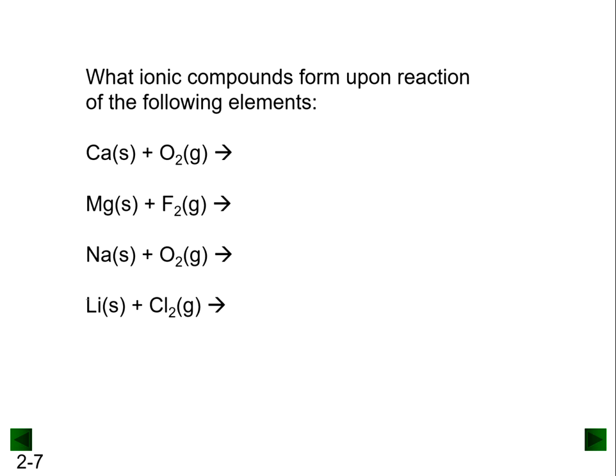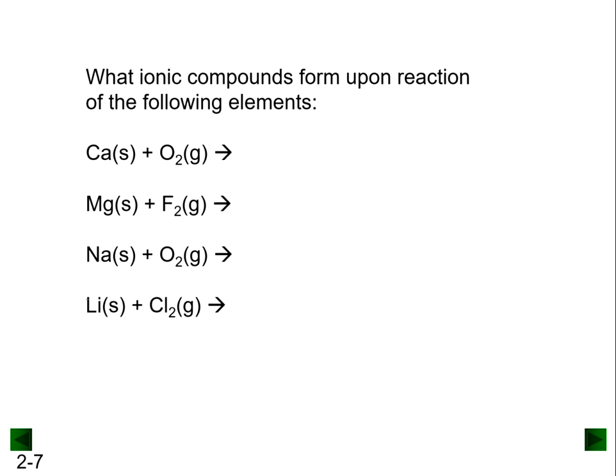So for example, with calcium, you're going to think, well, where's calcium on the periodic table? You pull your periodic table out, you see calcium is in group 2. You deduce that calcium normally has a +2 charge. Oxygen is in group 16, and so it's going to have a -2 charge.